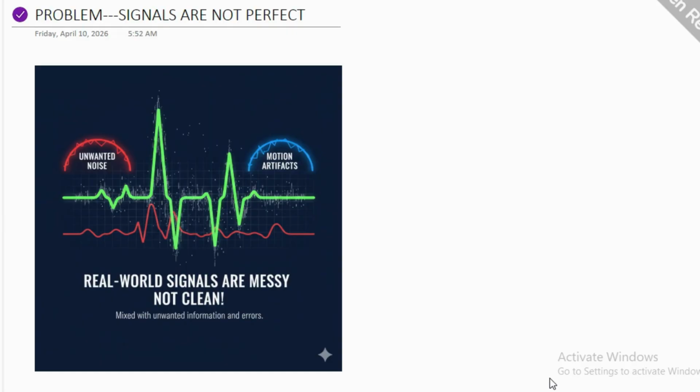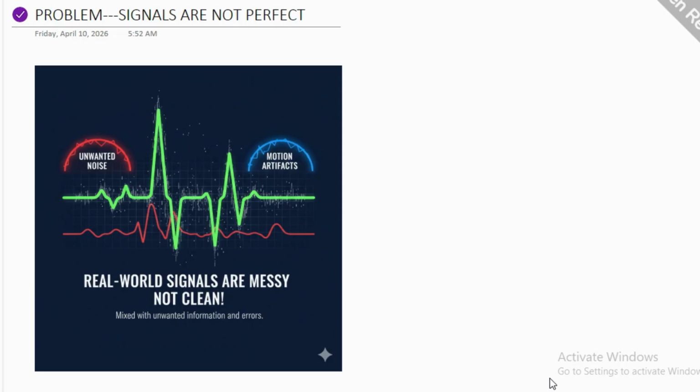So we need something that can fix this problem. This is where signal processing comes in. Signal processing takes that messy, noisy signal and turns it into something clean and understandable. It removes the unwanted parts and keeps the useful information.